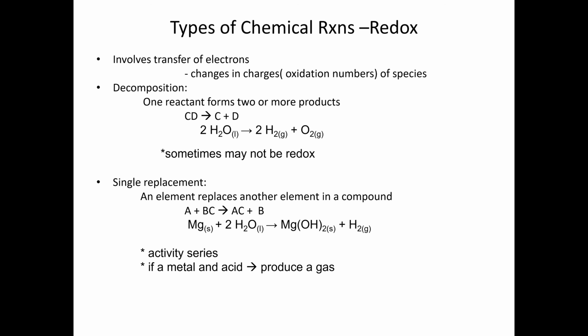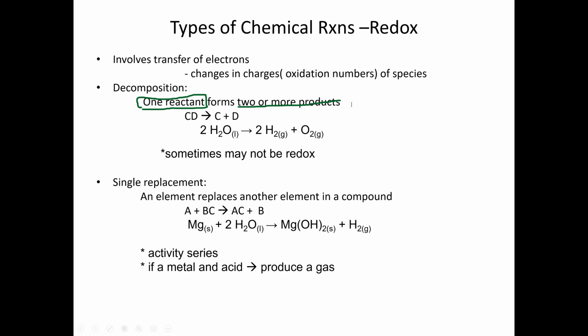But the redox reaction that we're going to encounter in this experiment is a decomposition reaction. In a decomposition reaction, the key identifier is one reactant, and we form two or more products. Now, this reaction is sometimes redox, sometimes not.